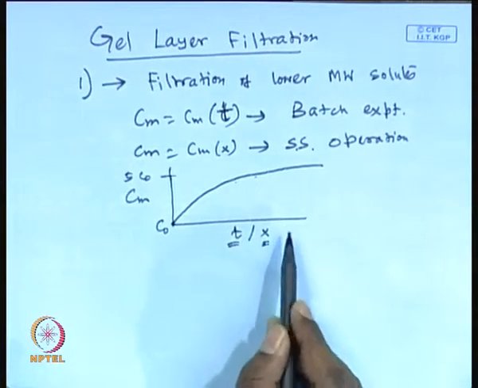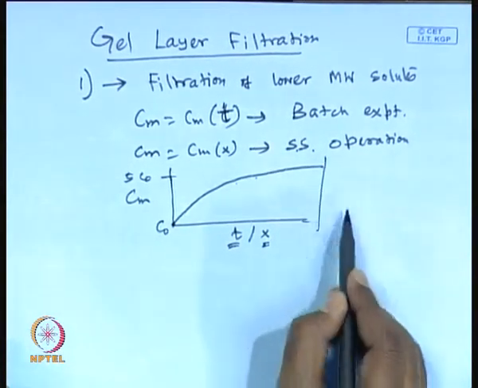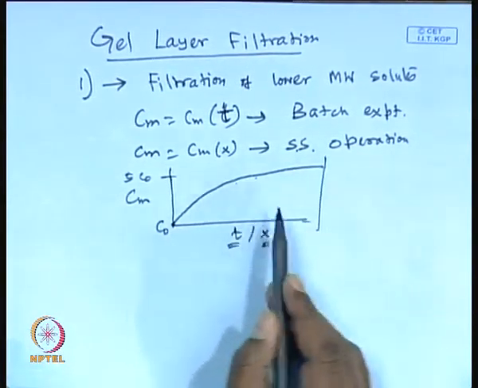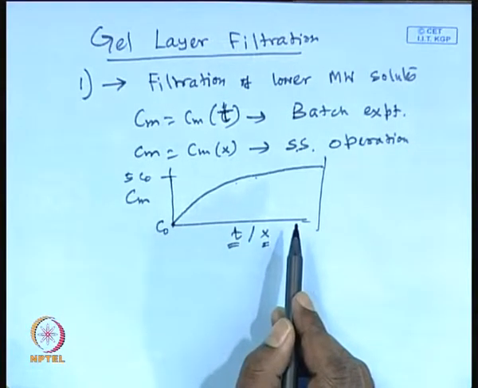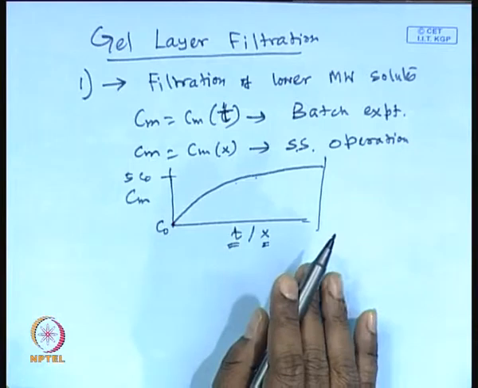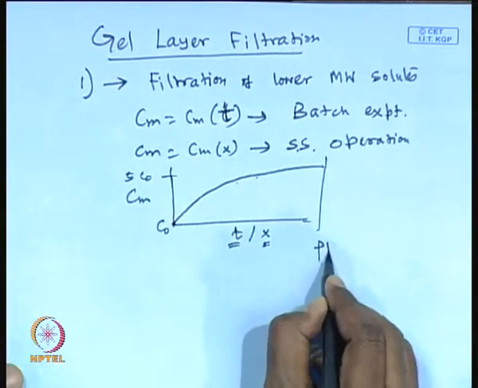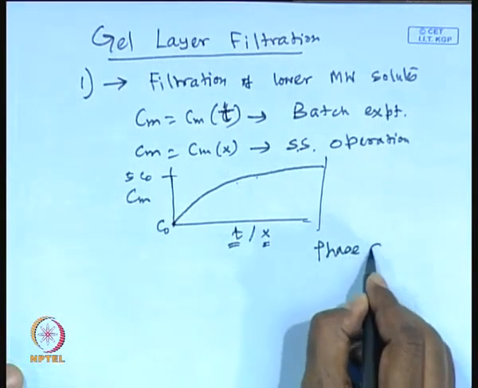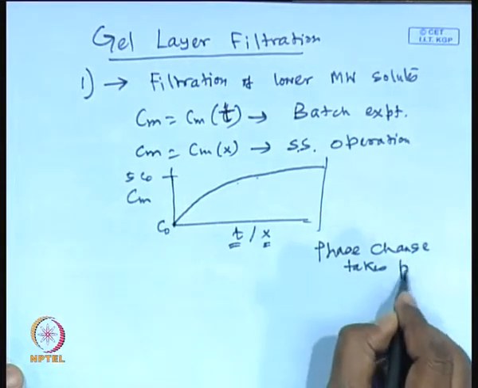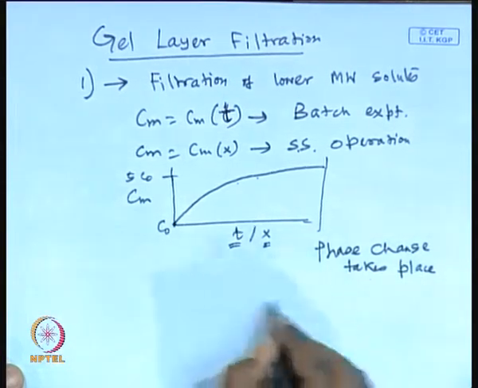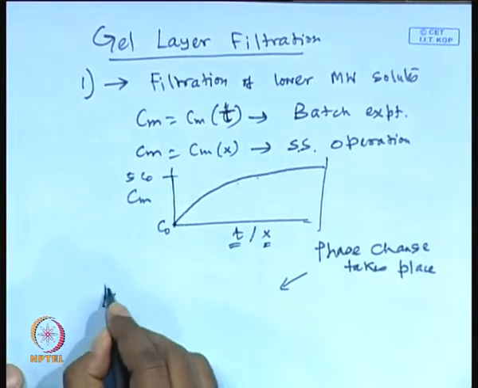If it exceeds the solubility limit, from that point onwards the solute particles will be deposited as solid particles over the membrane surface, because phase transformation will occur. So, there may be a phase change that takes place. That means you are exceeding the solubility limit.